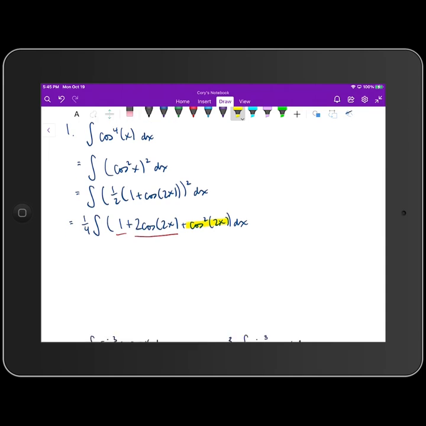This is equal to 1/4 times the integral of 1 plus 2 times the cosine of 2x plus 1/2 times 1 plus the cosine of, and then we have to double the argument of that angle. The argument is 2x, so I double that to get the cosine of 4x.